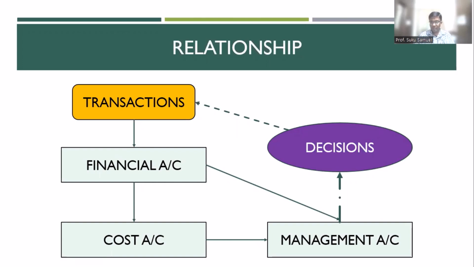From here, the financial accountant will provide input to the cost accountant and management accountant. The cost accountant would evaluate the cost information. The management accountant will use the information to take business decisions. So this is how the information would flow. The cost accountant would evaluate cost related information and provide these insights to the management accountant.